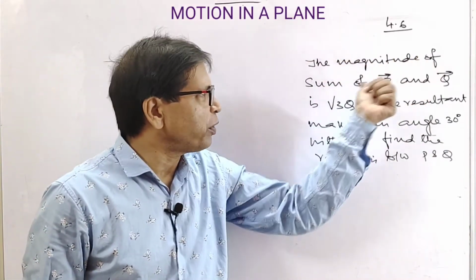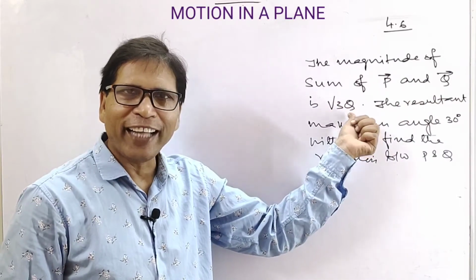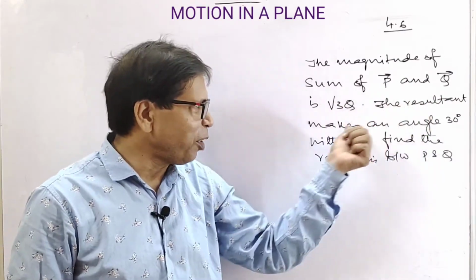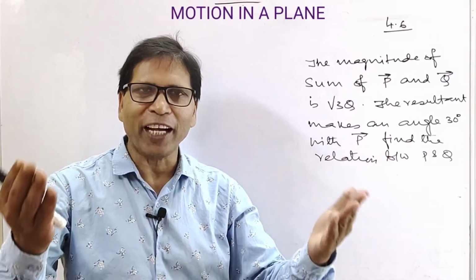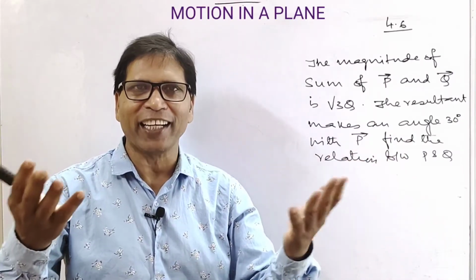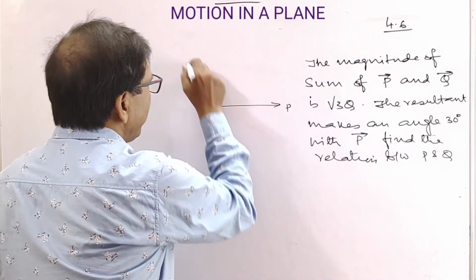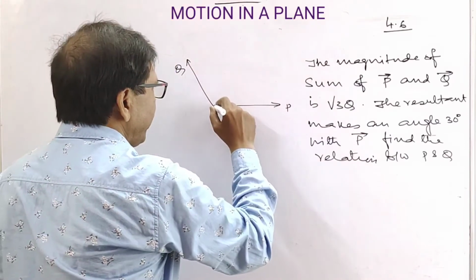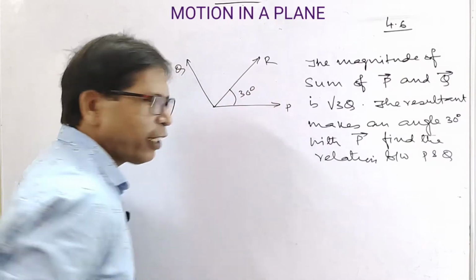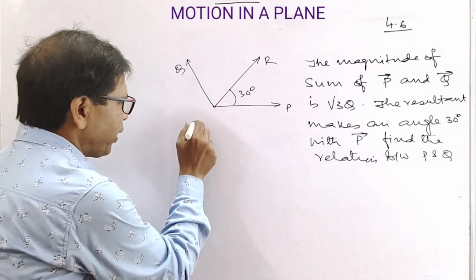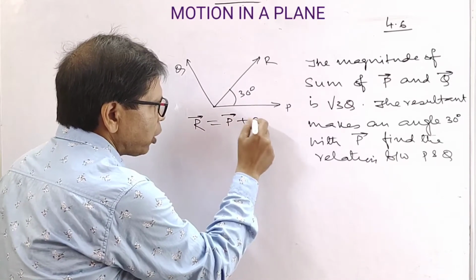The magnitude of the sum of P vector and Q vector is √3 Q. That is the resultant. The resultant makes an angle of 30 degree with P vector. We have to calculate the relation between P and Q. Now look at this. This is the P vector, this is the Q vector, and resultant R makes an angle of 30 degree with the P vector. So from this relation we can write R vector is equal to P vector plus Q vector.